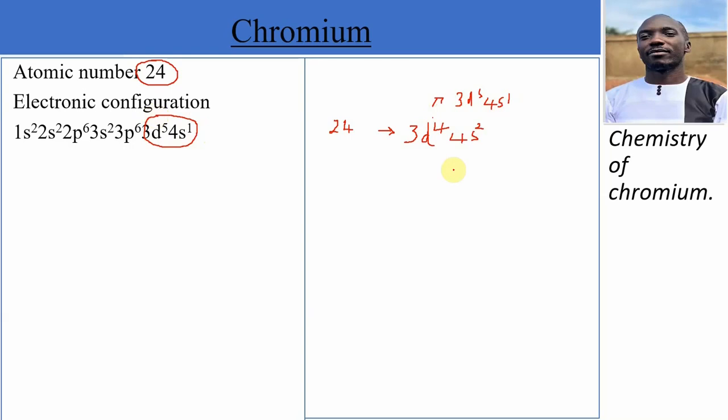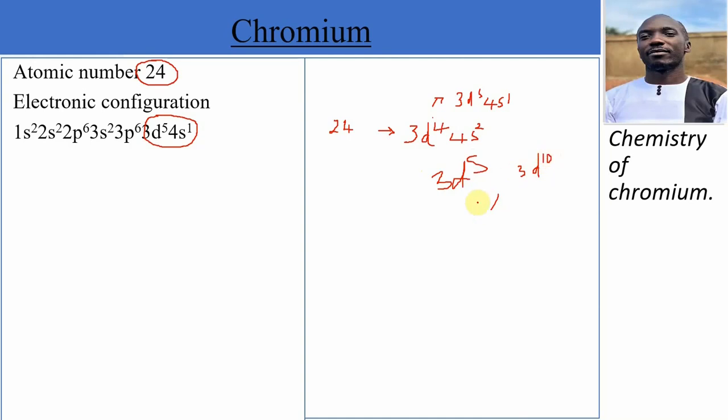So that is why we wanted to have a stable configuration. Remember when we were starting this branch of chemistry, we said that whenever a sub-energy level is half-filled, that is the d, if it has 5, or if it is fully filled, that is when it has 10 electrons.